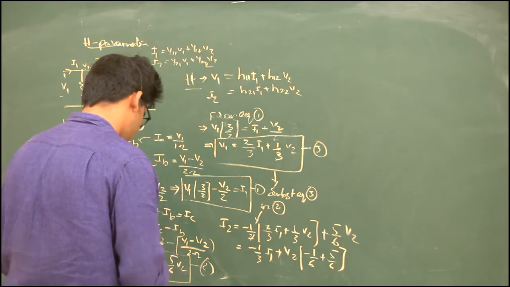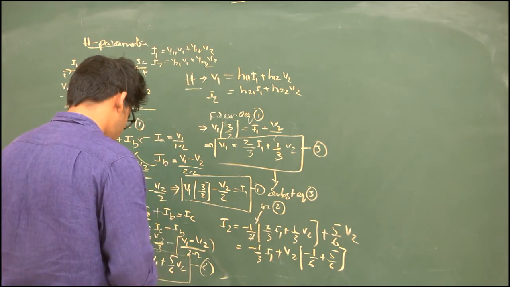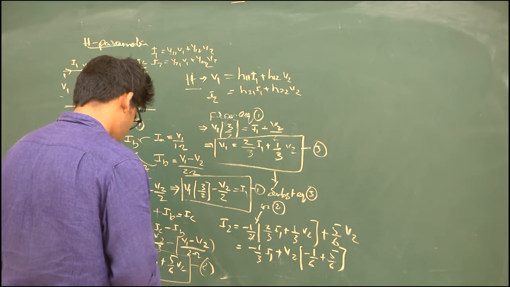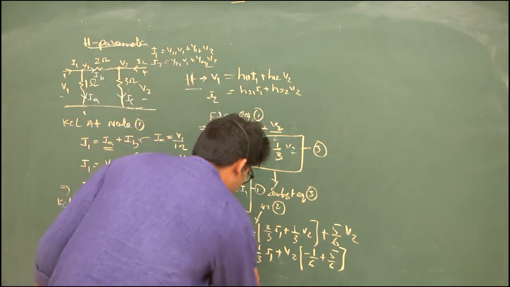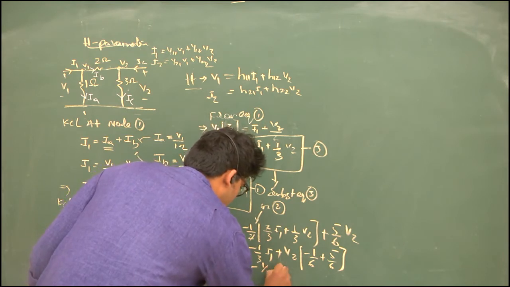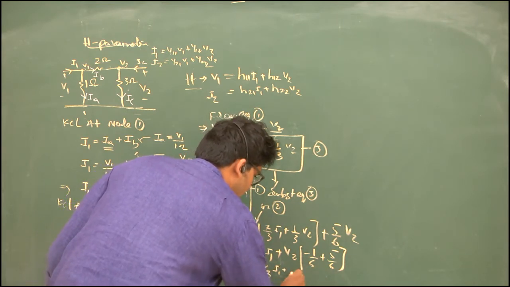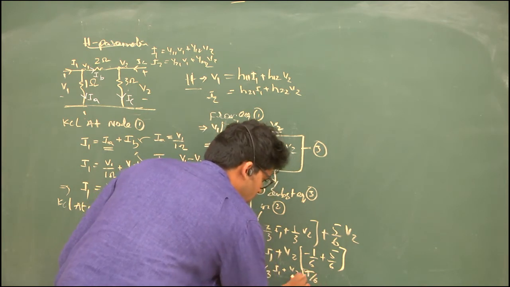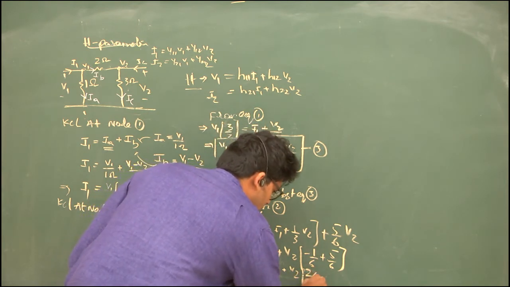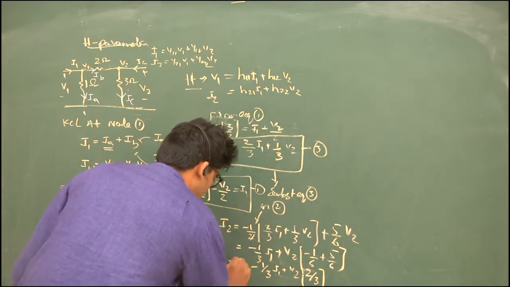What is that value? This is 4 by 6. So I2 equals minus 1 by 3 I1 plus V2 into 4 by 6, that is 2 by 3. So this is the value of I2.